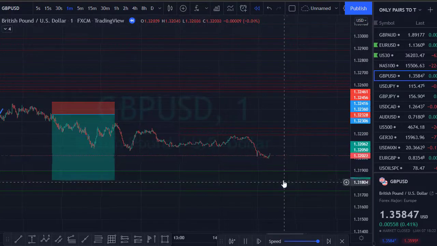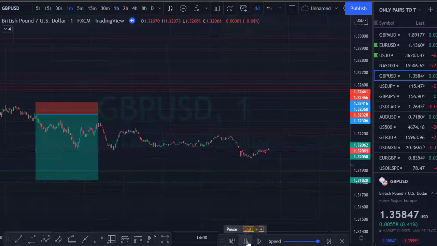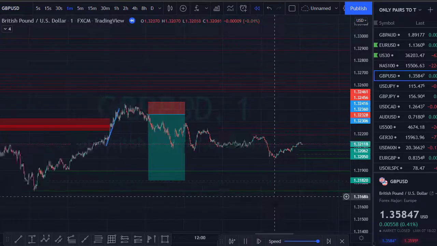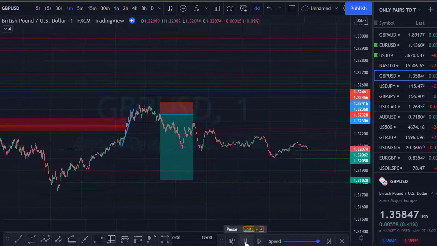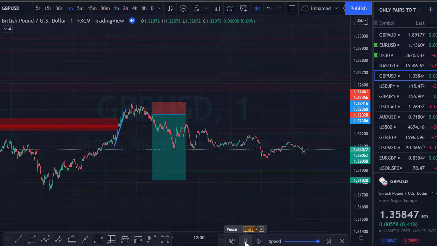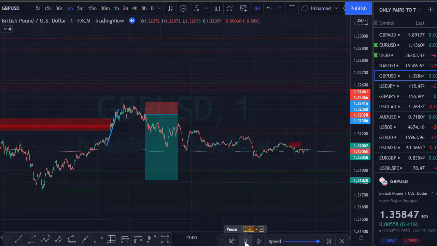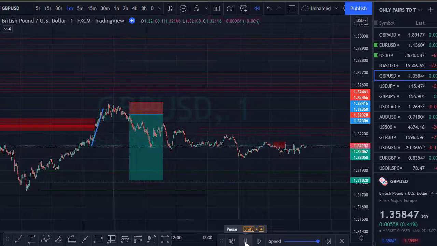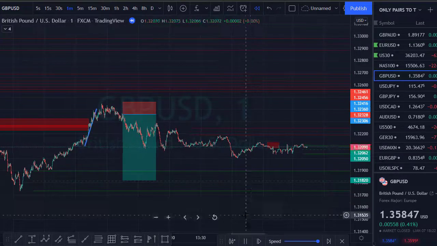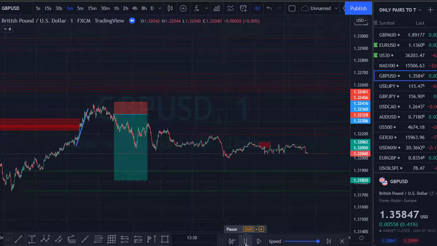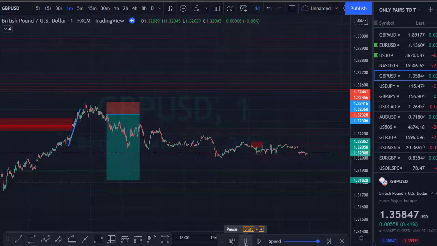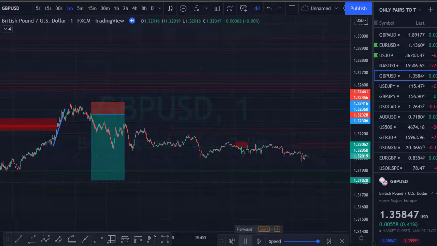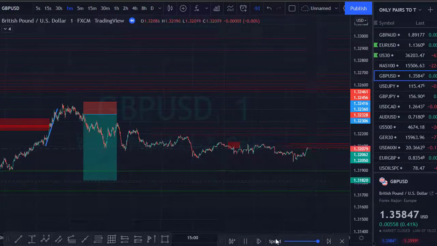All right, let's see if it goes for this last one or not. Played right off that red. See if we can break that structure down or not. If it breaks that up, I'm getting out. Boom, broke structure down. It should hit target.